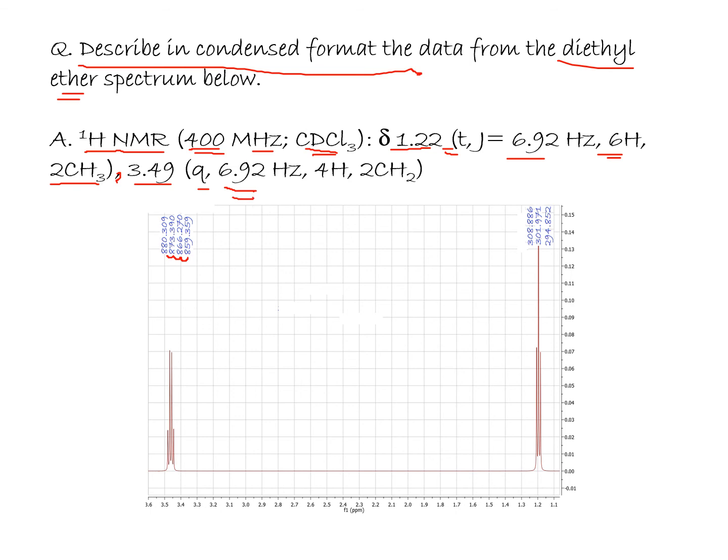Since they are coupled to each other, JAB equals JBA, so the difference here is equal to the difference here. And that's for 4 protons, and it belongs to the 2 CH2 group.